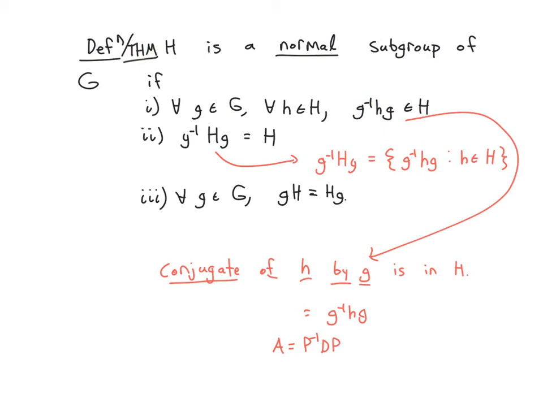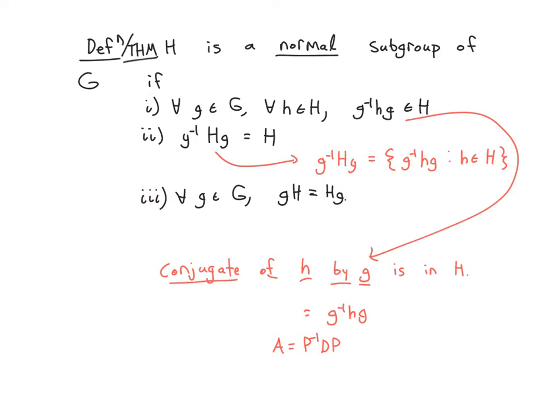I say theorem and not just definition because for me, this is the definition of being a normal subgroup. However, if you read the textbook, this is the textbook's definition. And one of the theorems in the textbook is that these three statements are equivalent. So, as a theorem, these three statements are also equivalent.